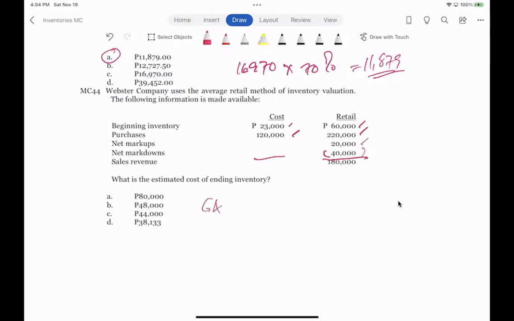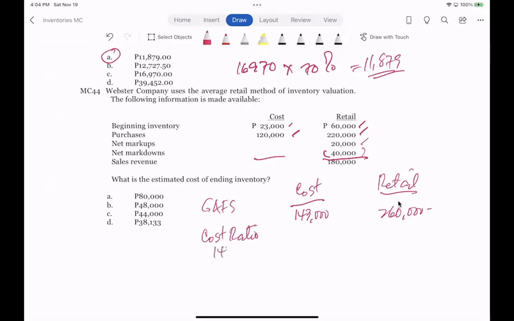So that is goods available for sale at cost and at retail. So we have 23 plus 120, that's 143,000. Whereas for retail, that's 60 plus 220 plus 20 minus net markdown of 40. So that is 260.